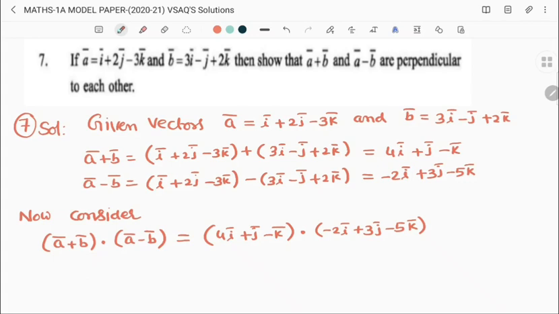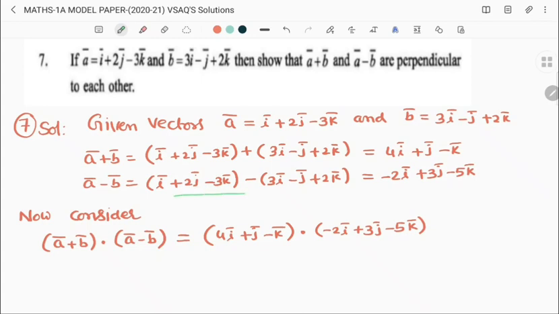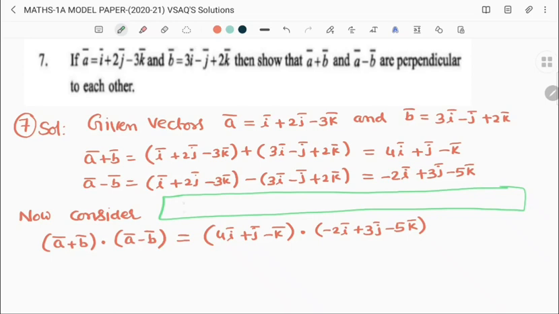The dot product of two vectors we will take like this. a1i plus a2j plus a3k dot b1i plus b2j plus b3k is equal to, since i bar dot i bar value is 1 and i bar dot j bar and i bar dot k bar value 0, a1 b1 plus a2 b2 plus a3 b3.